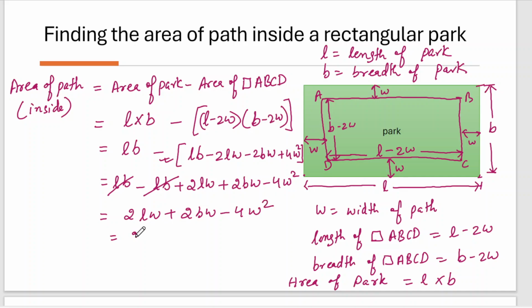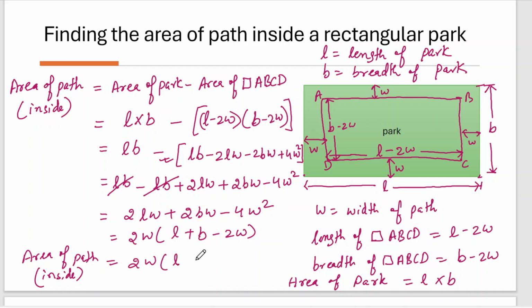So you can see we have got 2W as common. It is L plus B minus 2W. So finally you can remember the formula directly: area of path inside as 2W (L plus B minus 2W).